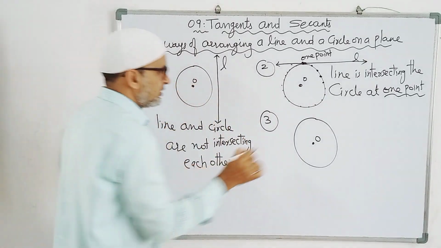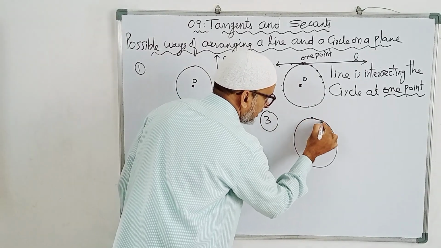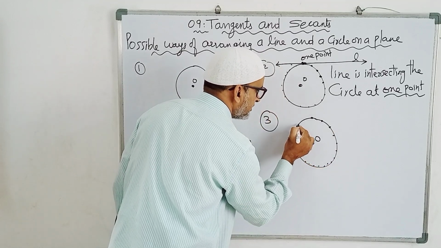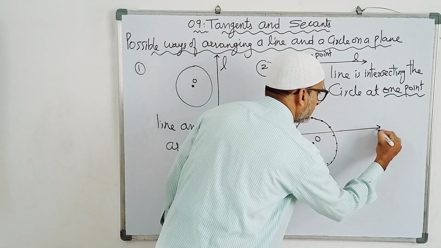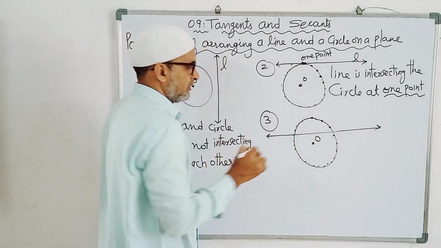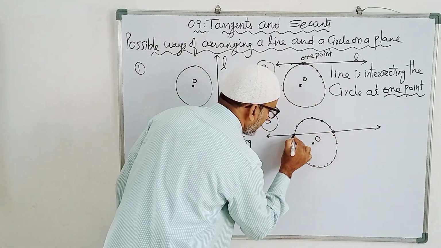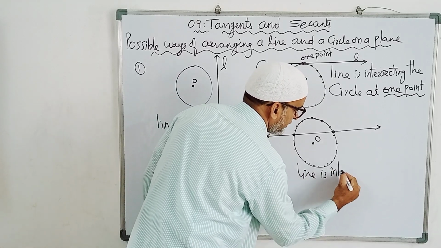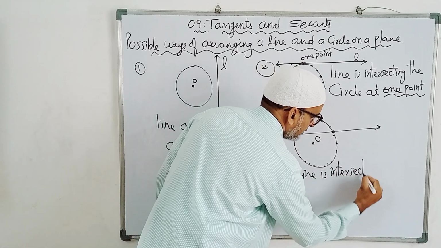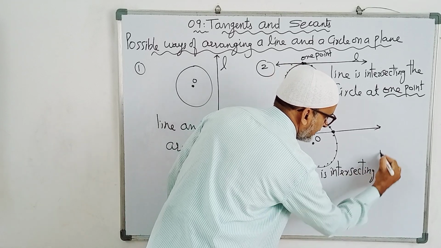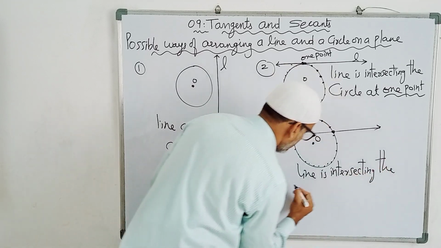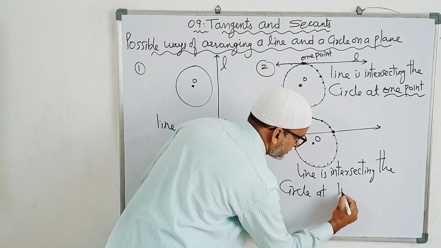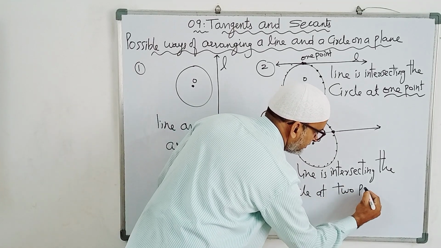On the circle, infinite number of points like this, many points. One line is intersecting the circle at 2 points. At how many points? 2 points.